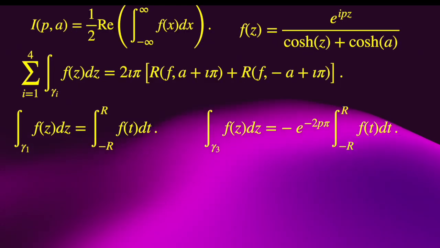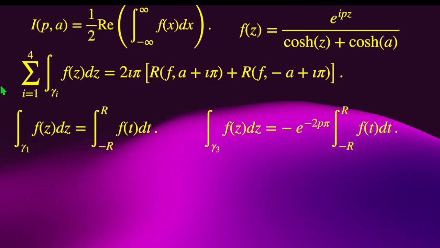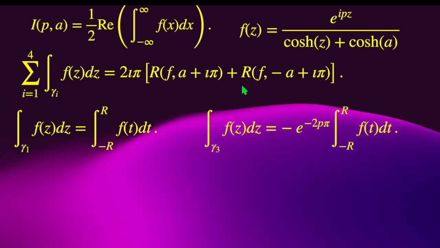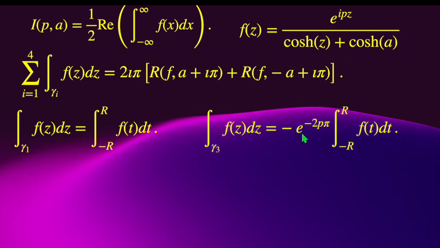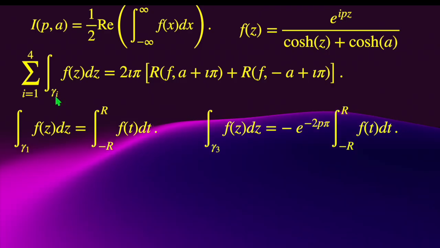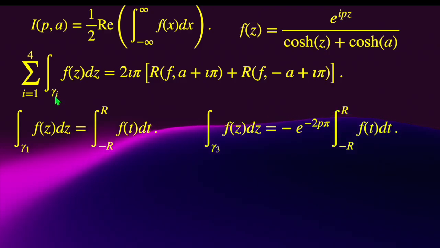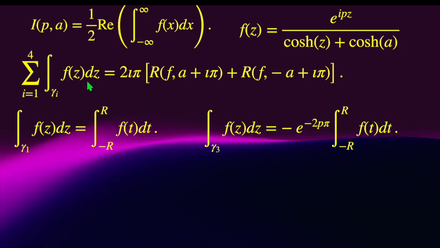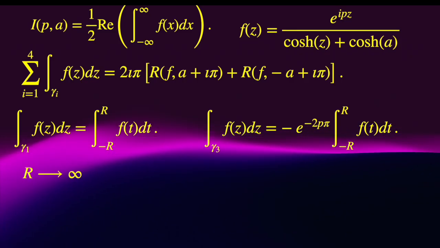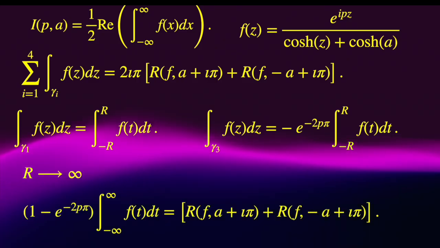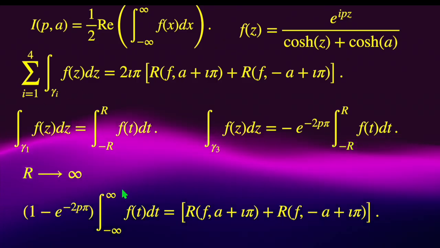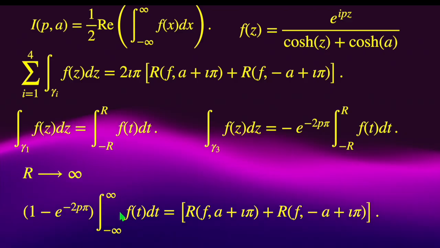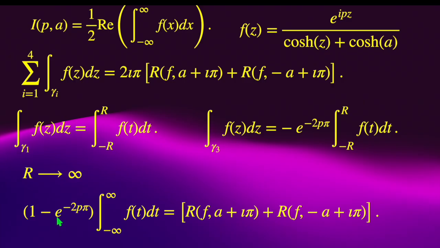So now we have all we need. We know that for gamma 2 and gamma 4 the integral goes to 0, and so when we take R to infinity we get this formula. So our integral is equal to this quantity over this quantity.